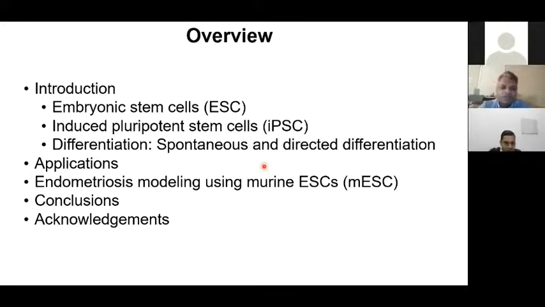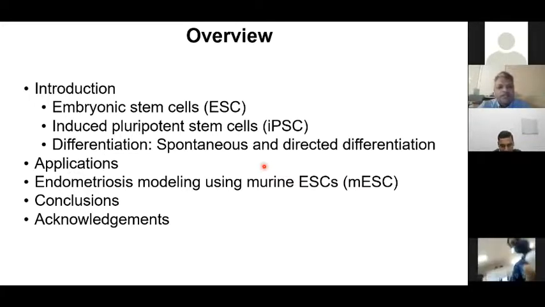Then I will cover briefly applications of IPSC modeling in disease. And then from my first postdoctoral work, I will detail endometriosis modeling, which I did using murine embryonic stem cells. After that, we'll go to conclusions and finally acknowledgements.